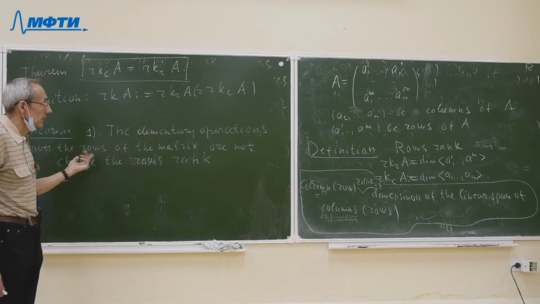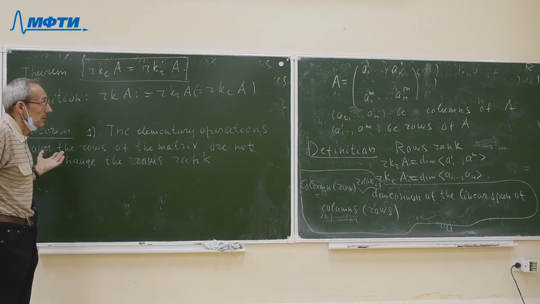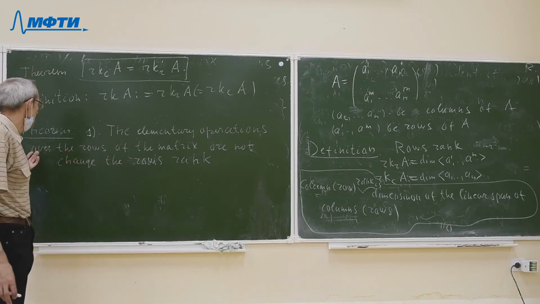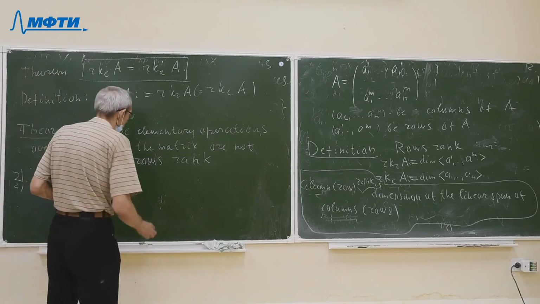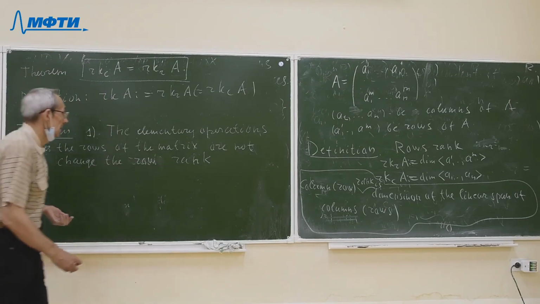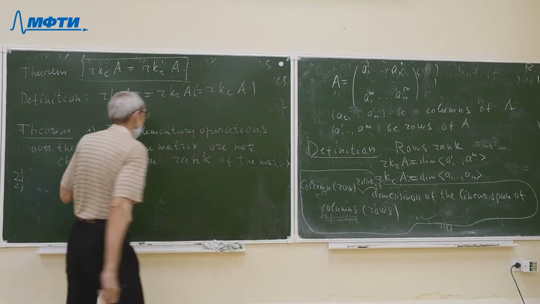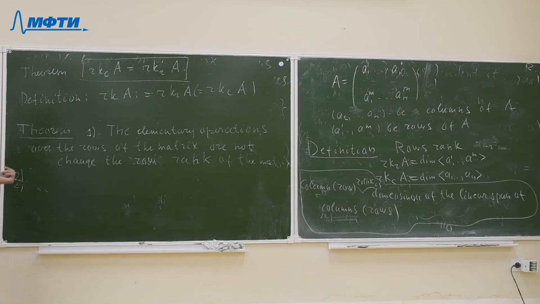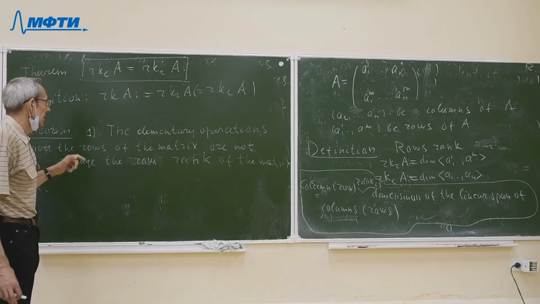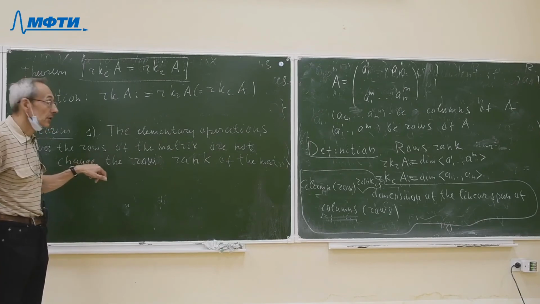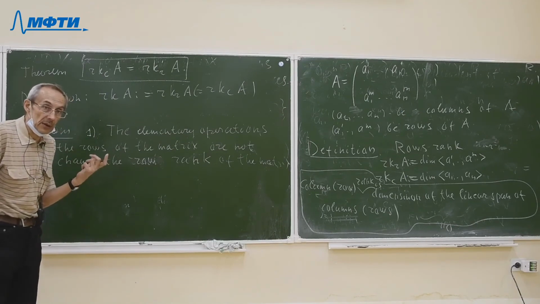The same assertion for the columns is not evidently equivalent. Elementary operations on the columns of the matrix do not change the column rank. The assertion that column elementary operations do not change the column rank is evident enough. But the non-trivial assertion is that elementary operations on the rows of the matrix do not change the column rank.